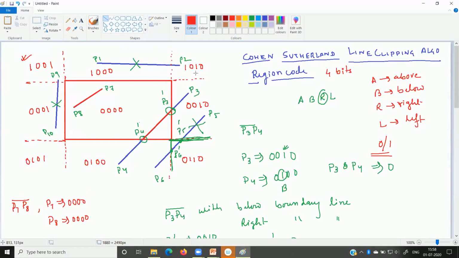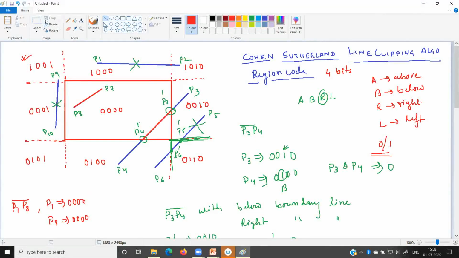If there is an intersection, find the intersection point and the region code for both intersection points. Intersection points mean that point belongs to the clip window. If after performing the AND operation between the two region codes of the two intersection points the output is 0, that indicates the line segment belongs to the clip window. In this way, the Cohen-Sutherland algorithm can clip the line with respect to a clip window.